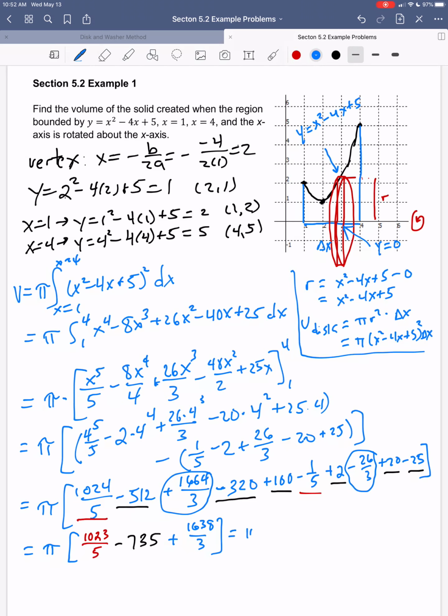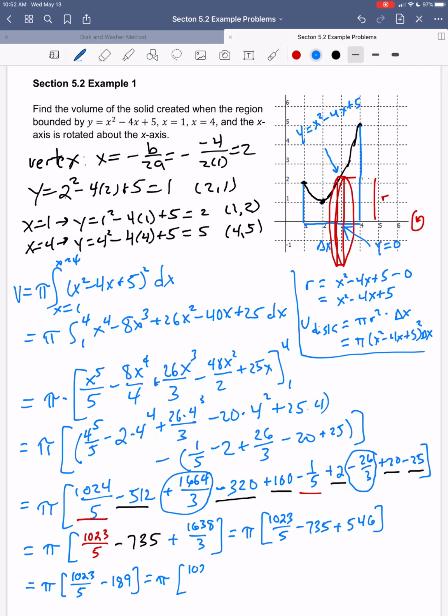So that's pi. We get 1023 over 5 minus 735. It turns out 1638 over 3 is 546. So I get 1023 over 5 minus 189.